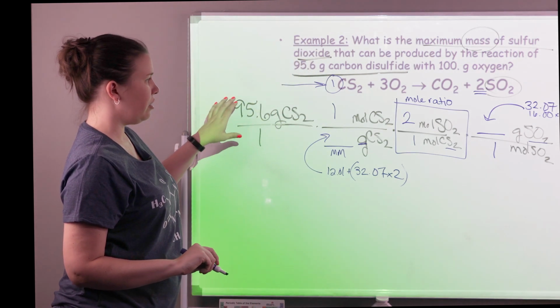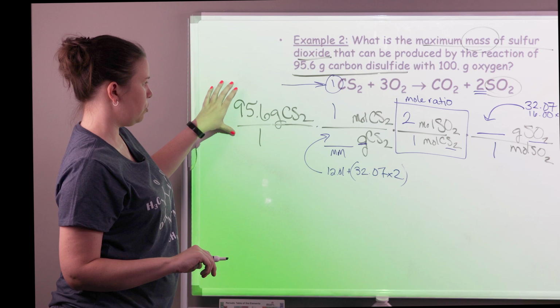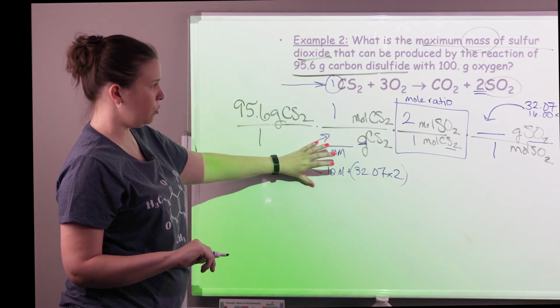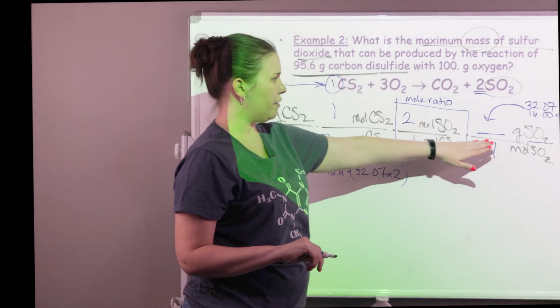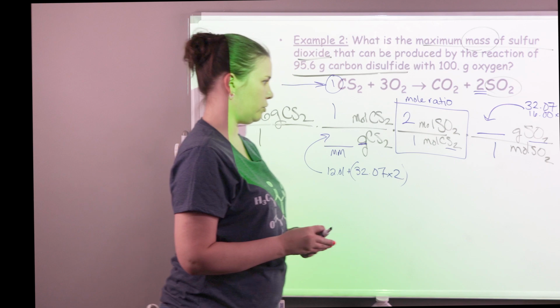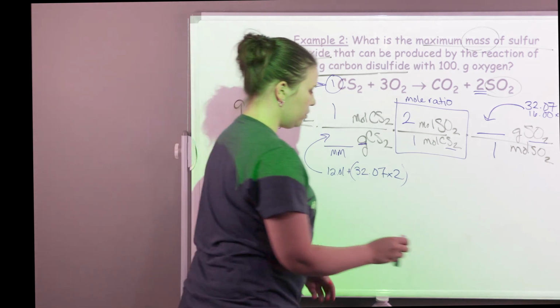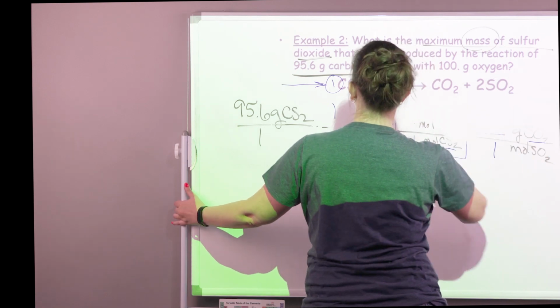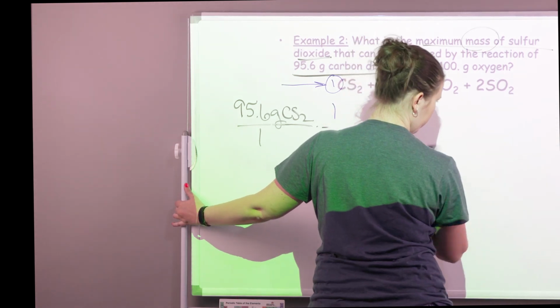So let's go ahead and get that far in our calculation. Starting with 95.6 grams of CS2, divide by the molar mass, multiply by 2, and then divide by the molar mass this time, multiply this time by the molar mass of SO2. And see what that gives me for the amount of SO2 that would be formed based on carbon disulfide.